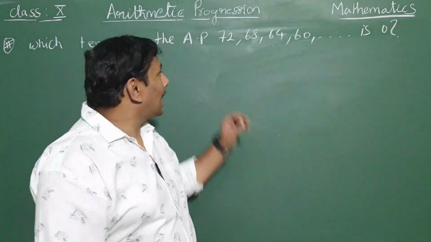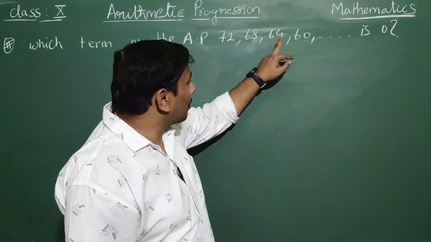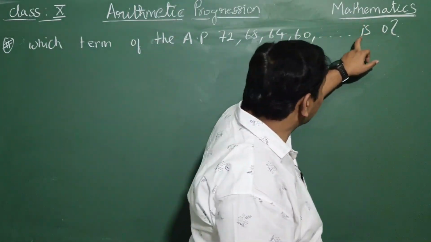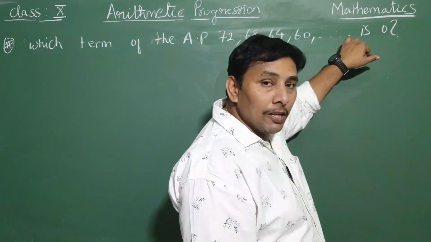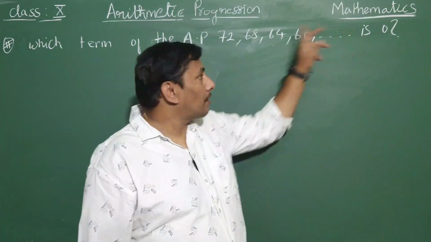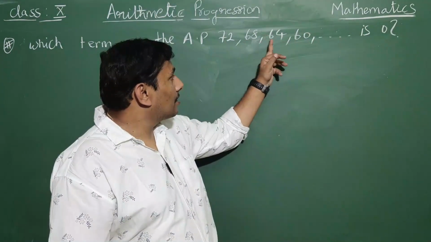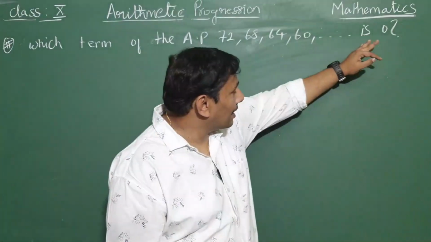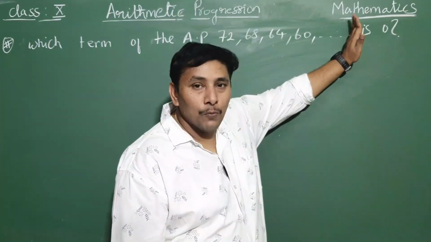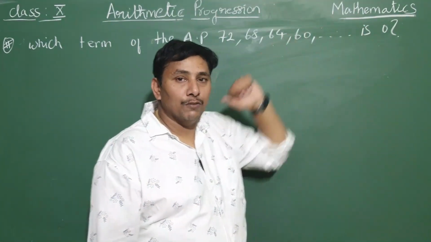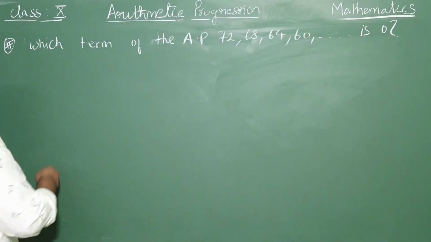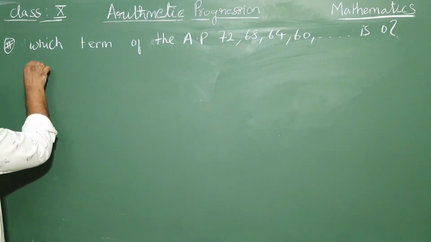But here he is asking at which term we will get the value 0 in the sequence 72, 68, 64, 60. When it continues, at which term will we get 0, that we have to find out. So let us take that also as the nth term.